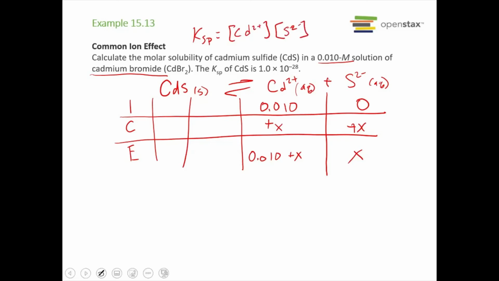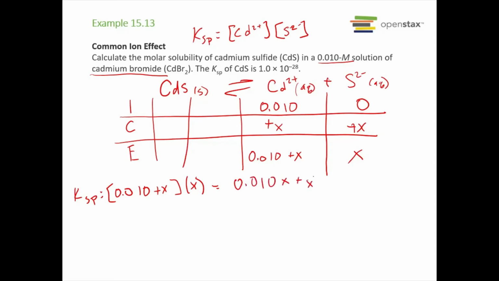So now we can go ahead and set this up. Ksp is equal to 0.010 plus x times x. And then that gives us 0.010x plus x squared.